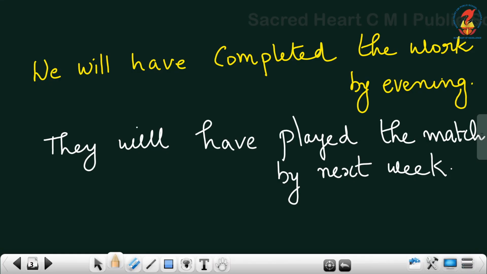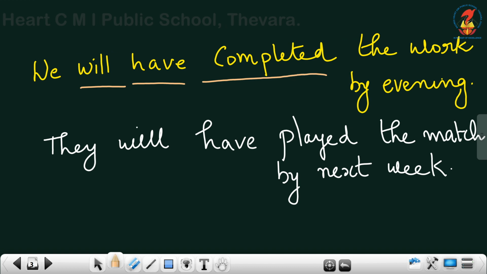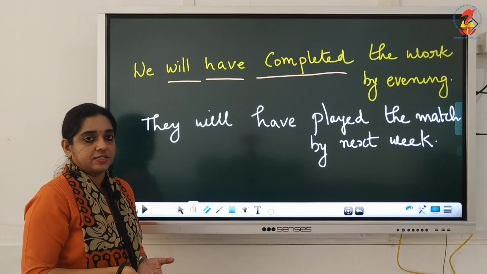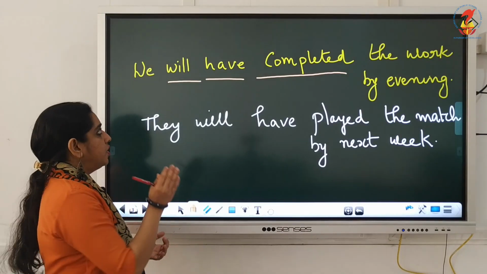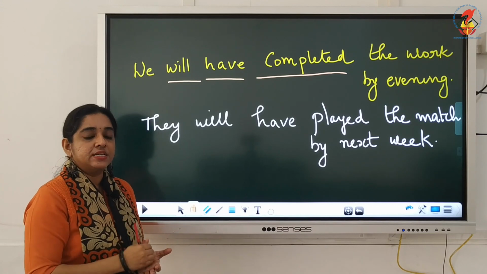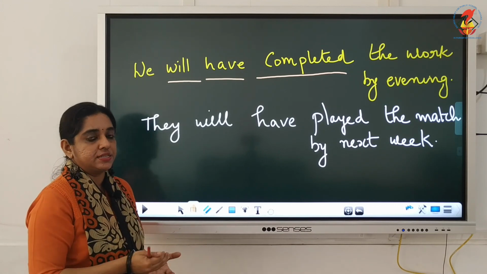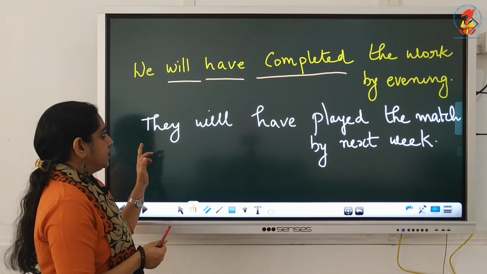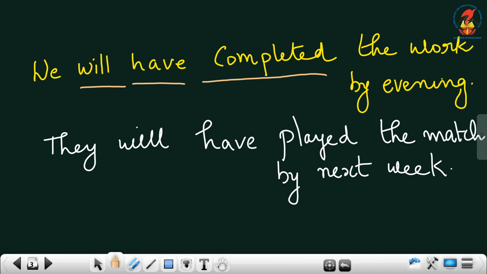Now, let us see the other example. They will have completed the work by evening. See, will plus have plus past participle form of the verb. Complete, completed, completed. Past form and past participle forms are same for the verb complete. Now, they will have played the match by next week.